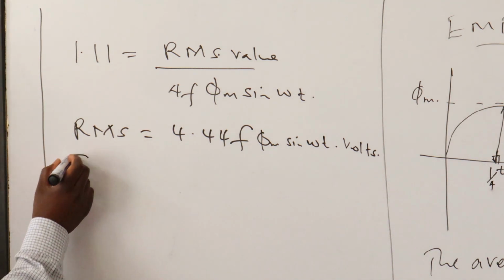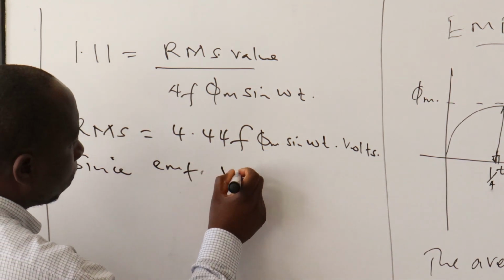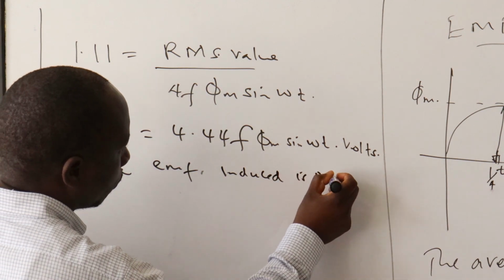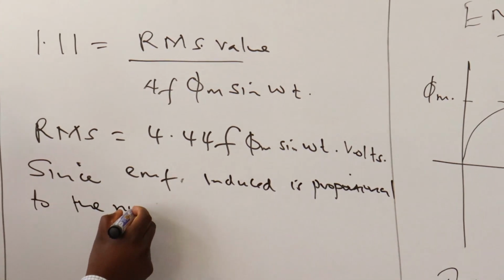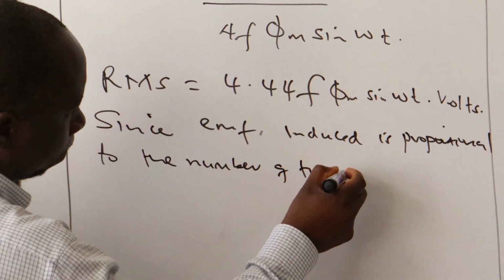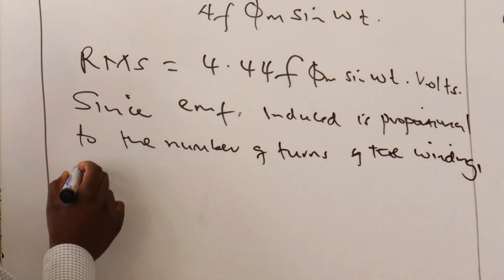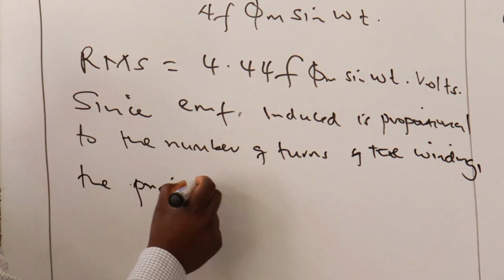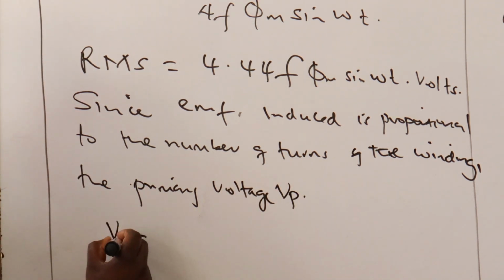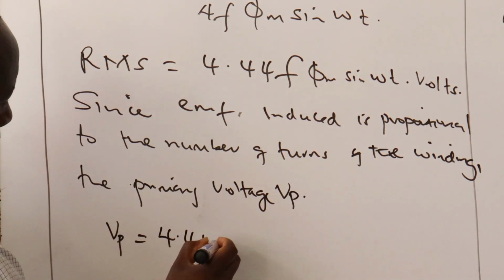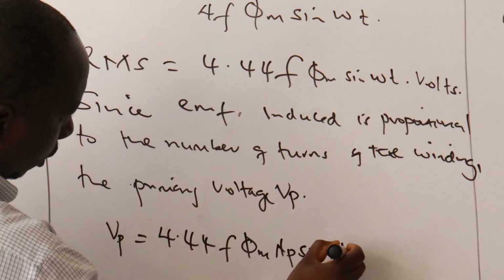So for the primary winding, since the EMF induced is proportional to the number of turns of the winding, the primary voltage Vp will be 4.44 F phi m Np sine of omega t.